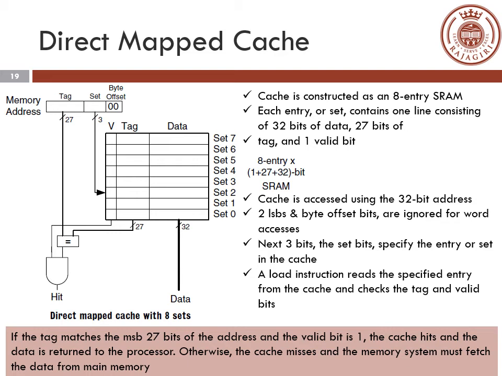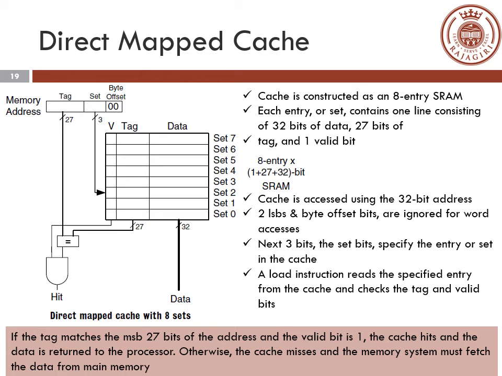Along with the data you have the tag, and the tag is of size 27 bits. So as I said, when you move the data, you will also be moving the 27-bit tag. And there is one more field, known as V, the valid bit, which says whether the data inside the cache is valid or meaningless.